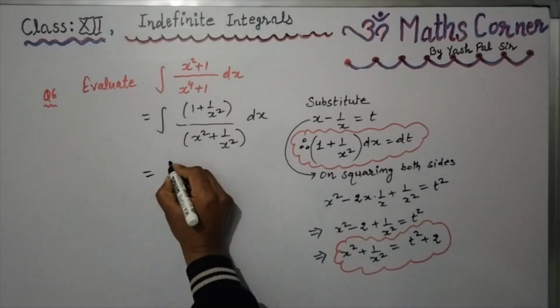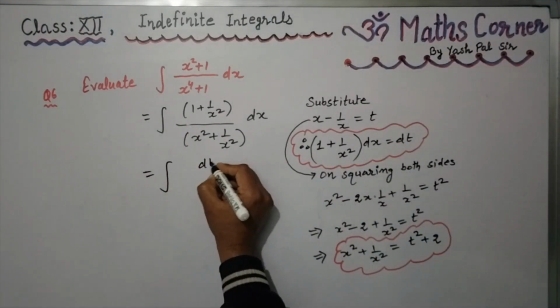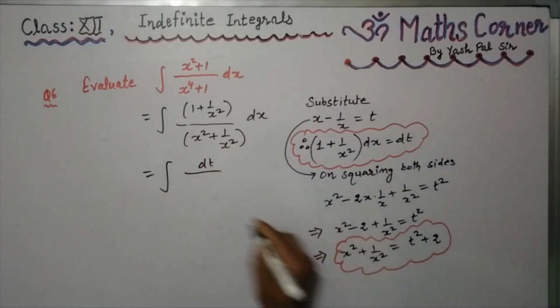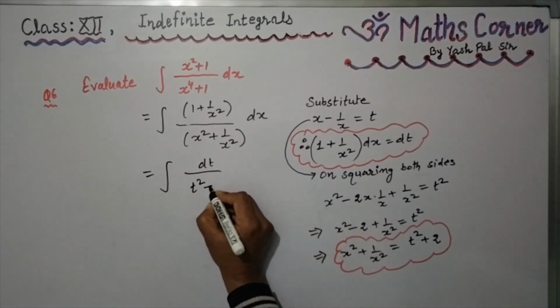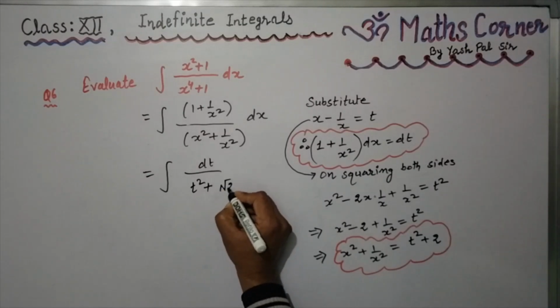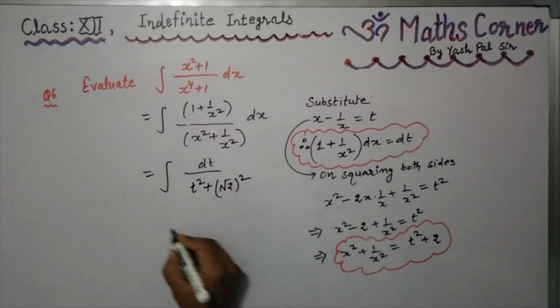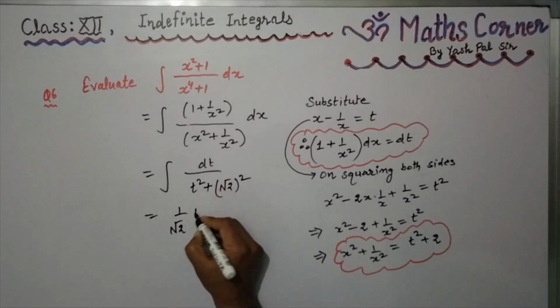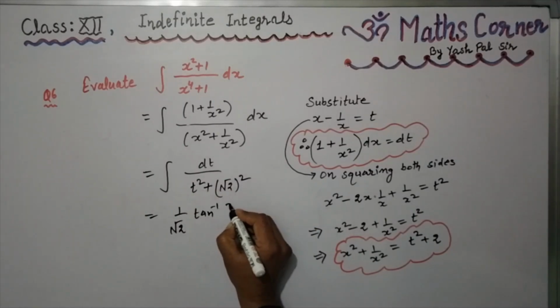So now we substitute these two values, 1 plus 1 upon x square into dx equal to dt, x square plus 1 upon x square which is equal to t square plus 2, which again can be written as square root of 2 whole square.